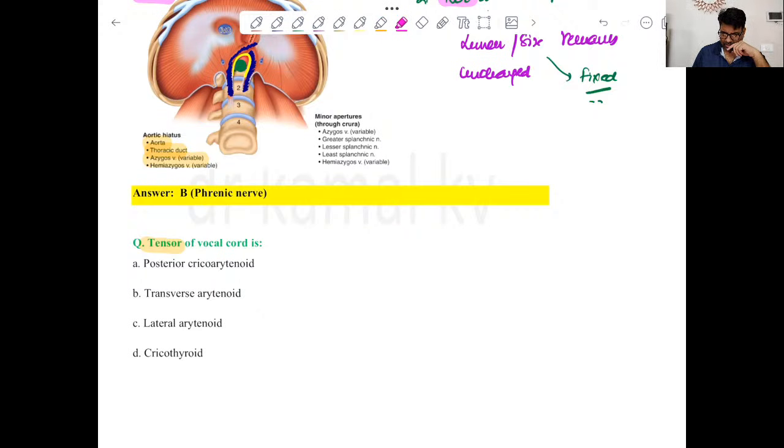So this is cricothyroid, right? In case of laryngeal muscles, it is very easy to identify the point of origin and insertion because they are mentioned in the name itself. If I say cricothyroid, it means one attachment is over the cricoid cartilage, and obviously the second is at the thyroid cartilage, right?